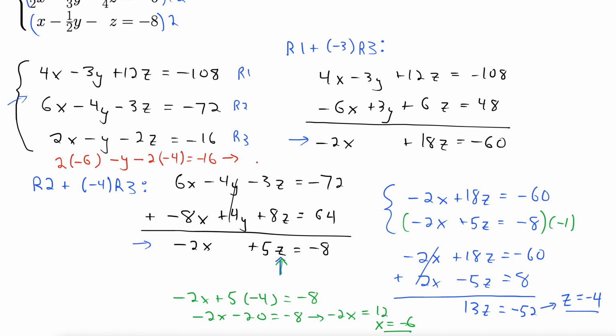Multiplying that out, we get negative 12 minus y plus 8 equals negative 16. Simplifying, we get negative y minus 4 equals negative 16. Adding 4 to both sides, negative y equals negative 12. So y must be 12.